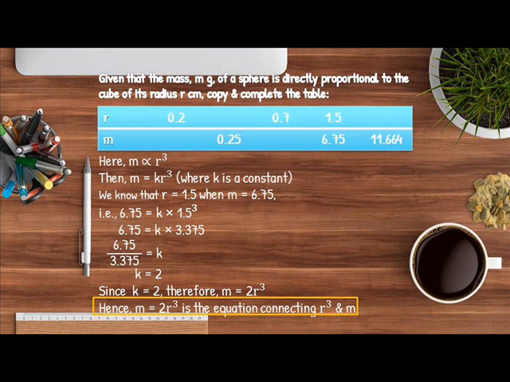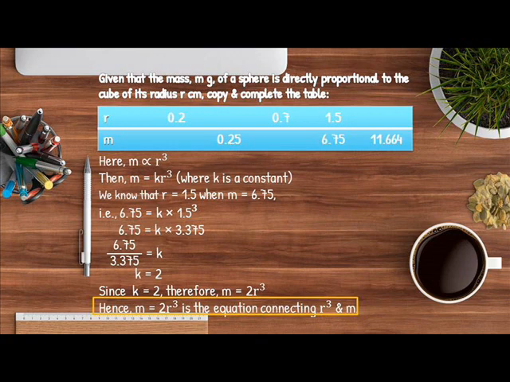Let us form the equation as m is directly proportional to r cube, which can also be expressed as m equals kr cube. k is the constant of proportionality. Now we will simply put the known values of r and m into the equation to find the value of k. Well, r equals 1.5 and m equals 6.75.